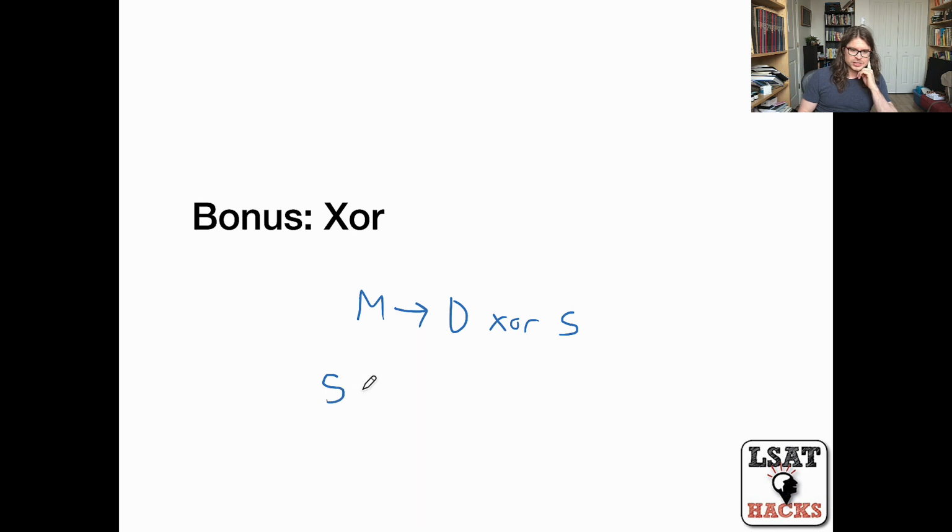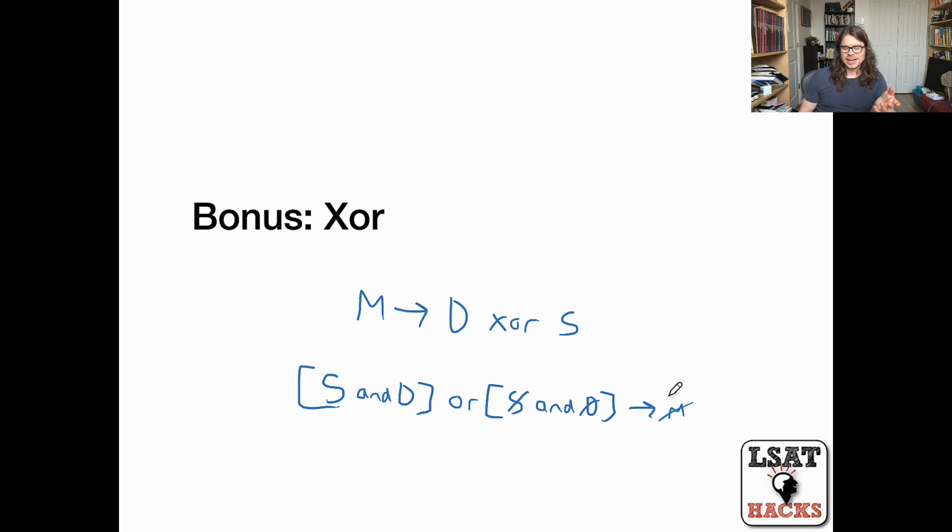How's the contrapositive? Here, it would be if you have a salad and a dessert, or you have no salad and no dessert, then you didn't have a meal.